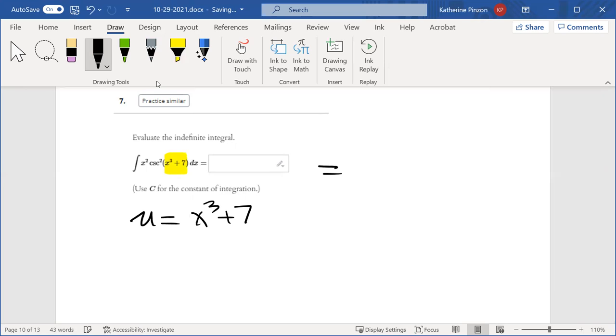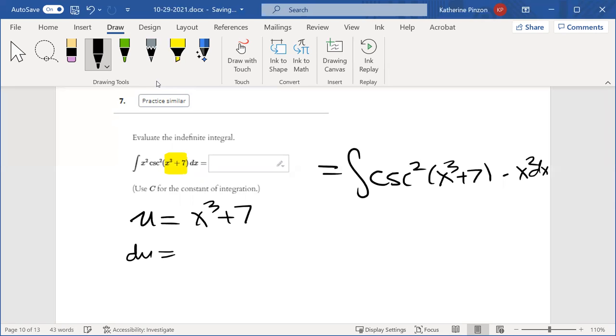If it makes your life easier, put that u stuff at the beginning and put the other stuff at the end, so the dx stuff is together with the stuff you think you're going to use. What's the derivative of x cubed plus 7? 3x squared dx.